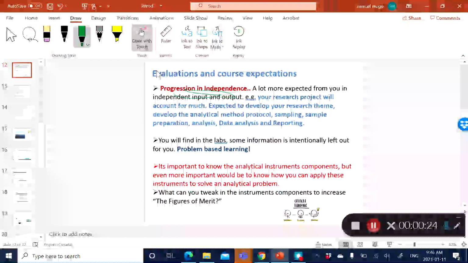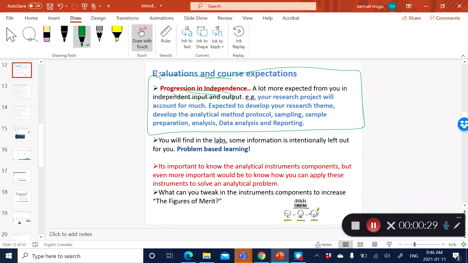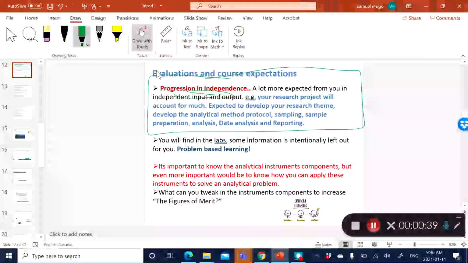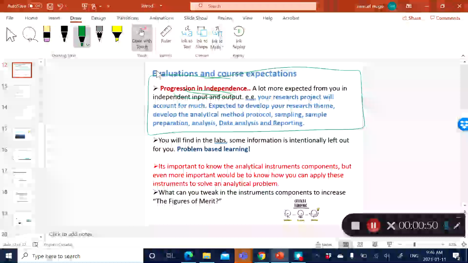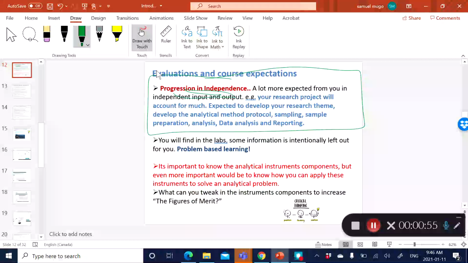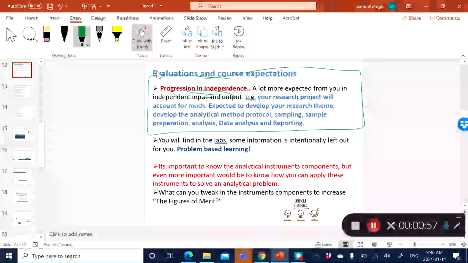So one critical component of CHEM 311 is a research project, where students are going to ideate and come up with a research project themselves and read journal articles, so that they can develop the hypothesis, but also develop their protocols and then execute that in the lab, analyze the data that they obtain, write a report and present it to the class.